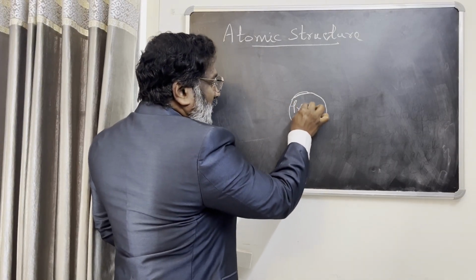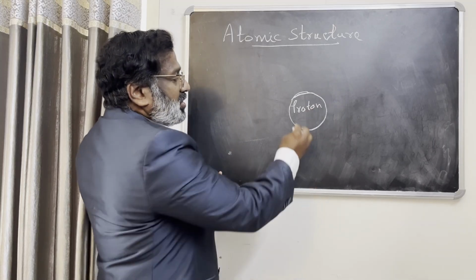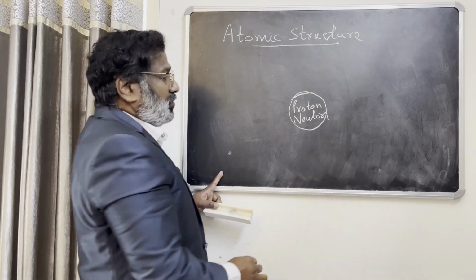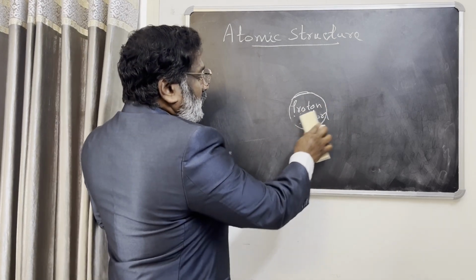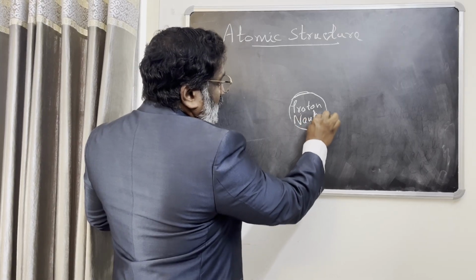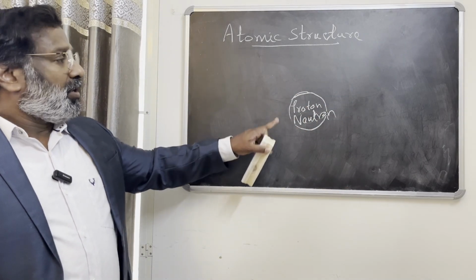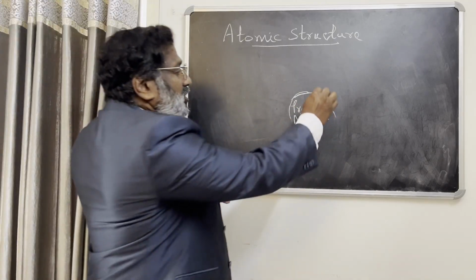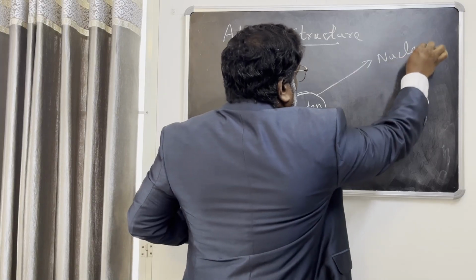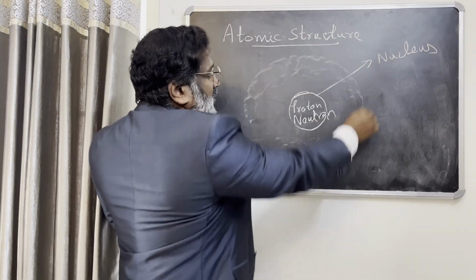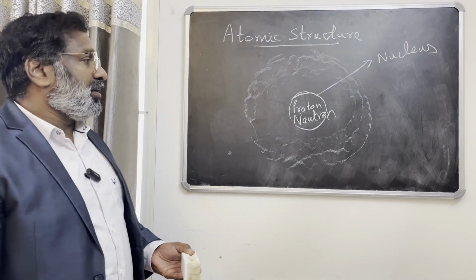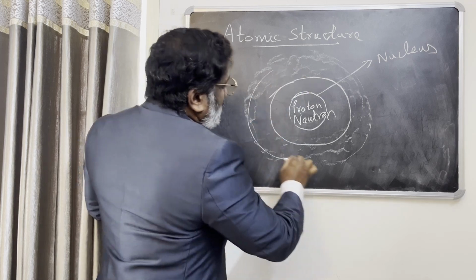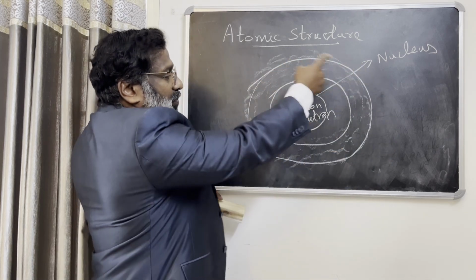The positively charged protons and the neutral particles, neutrons, are inside the nucleus. And the outside space is called extranucleus, and in this space electrons revolve round the nucleus in specific orbits.